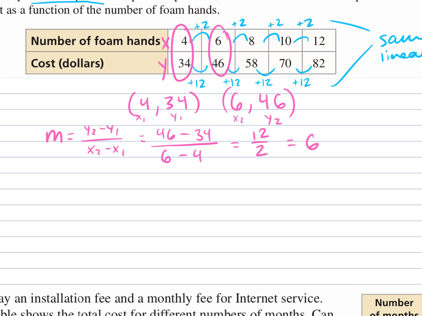What would I do next? Y minus 34. Awesome. Y minus Y1, so Y minus 34 is equal to 6 times X minus 4. Awesome.